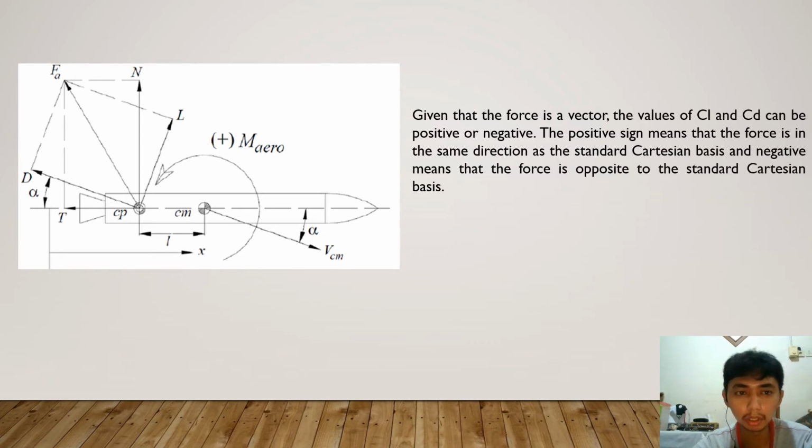So if we encounter a negative sign, it doesn't mean that the value is smaller than zero, but it means that the direction is opposite to the basis of the vector.